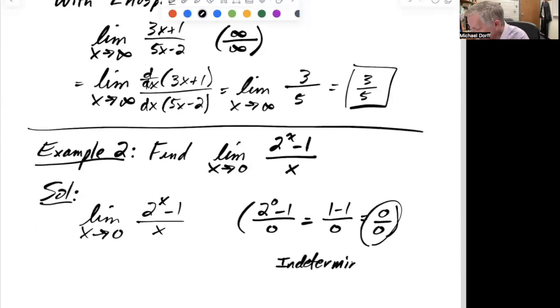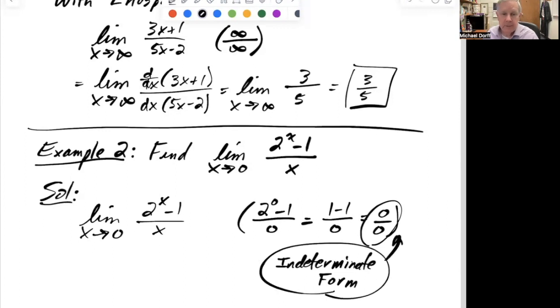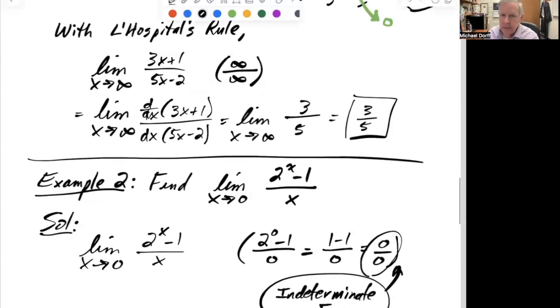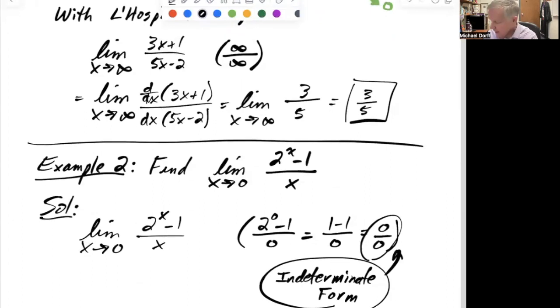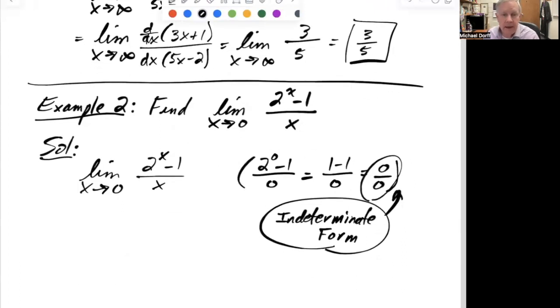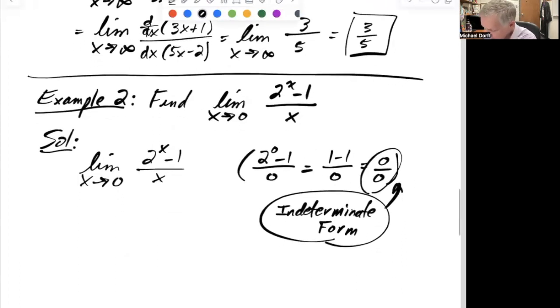Before today, we couldn't use what we had done in the previous chapters, like in example 1, where we had a degree 1 polynomial over a degree 1 polynomial and could multiply through by 1 over x. We couldn't do that for this example, so we would be kind of stuck. But here we can now do L'Hopital's rule.